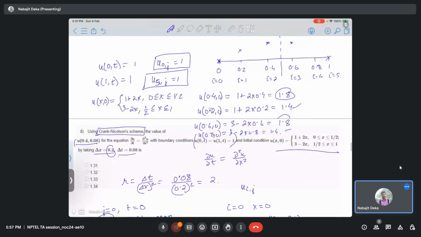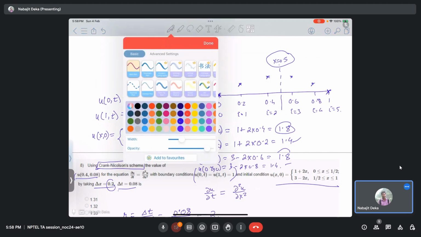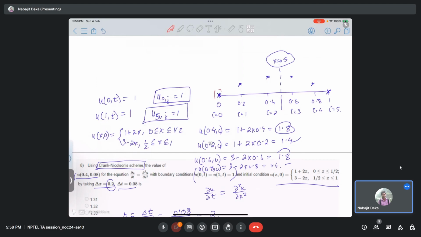So what we can say is the initial condition is symmetric around x equal to 0.5, and the boundary conditions are also symmetric around x equal to 0.5.